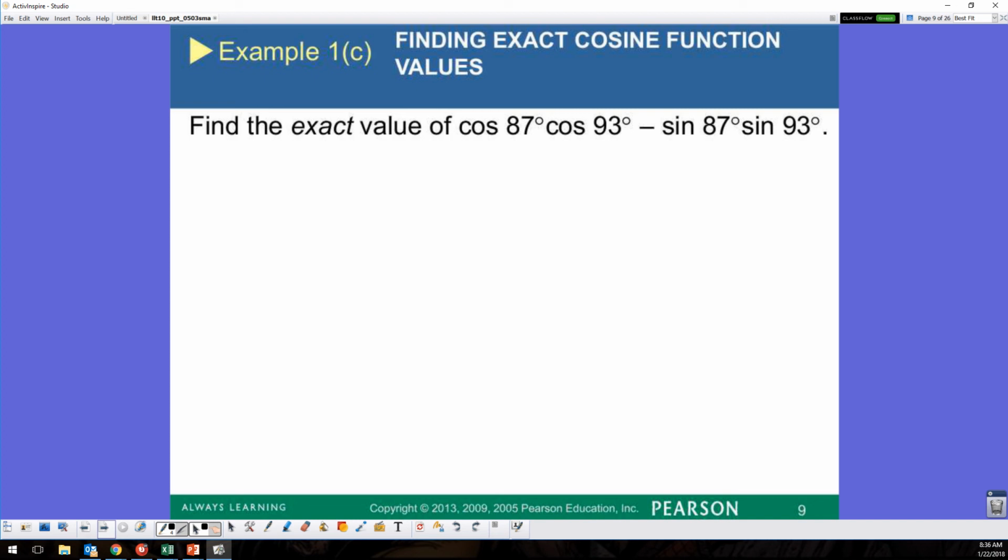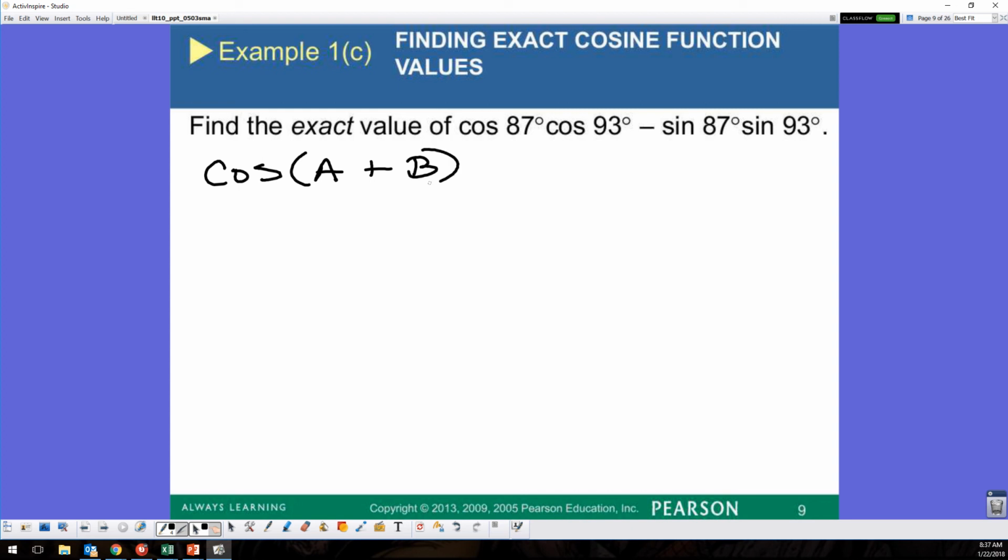Find the exact value of this one. Now, what formula was used on this one? The first one. Since this is a minus sign, it's going to have to be cosine. So it's the cosine of a plus b here, right?